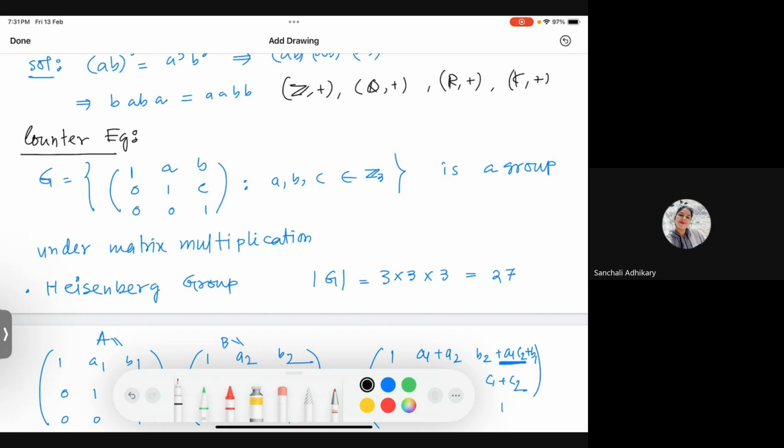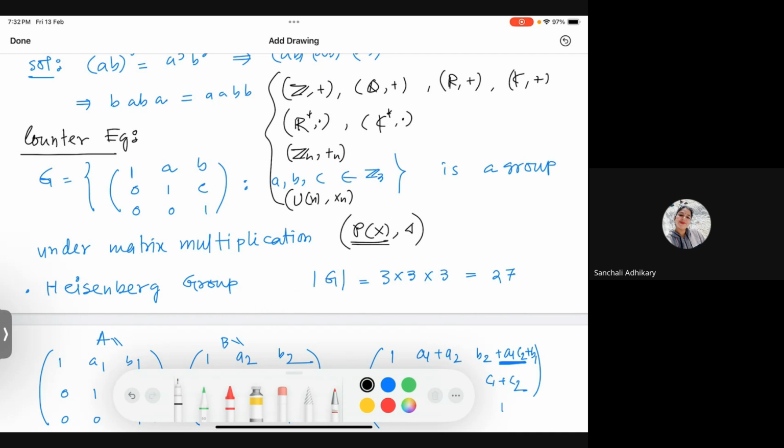Then R*, C*. Z_n under addition modulo n, U_n under multiplication modulo n. So all these groups are abelian groups.